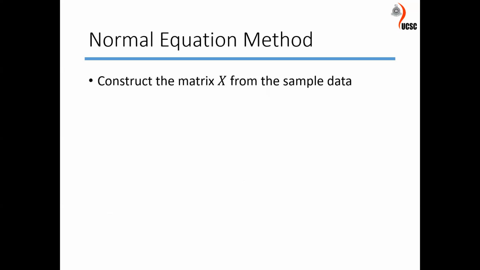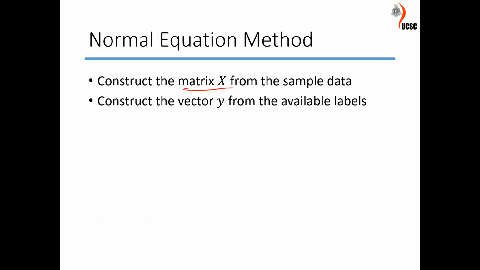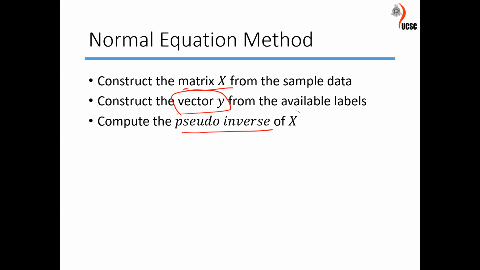So you can construct your X matrix from the training data. Then you can construct the vector Y, since you know the labels of the data. Then you can compute the pseudo inverse out of this X. You create the matrix X, then derive the pseudo inverse.